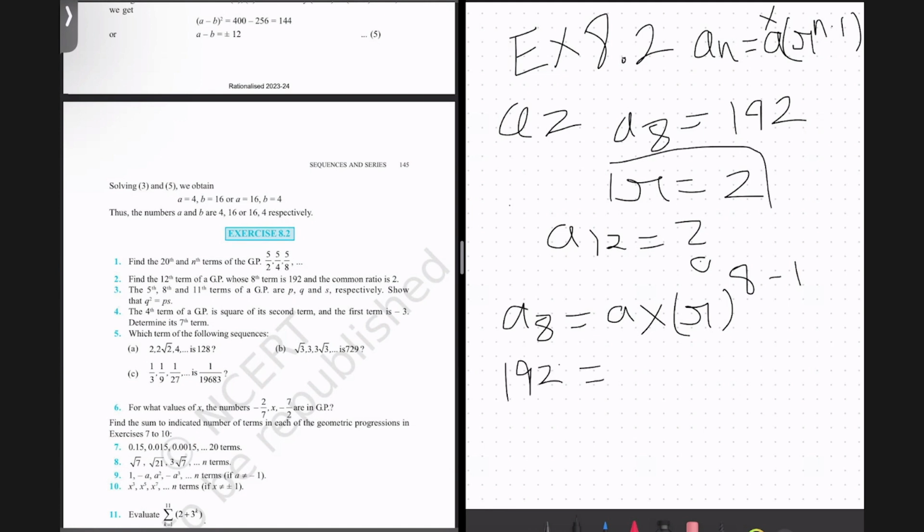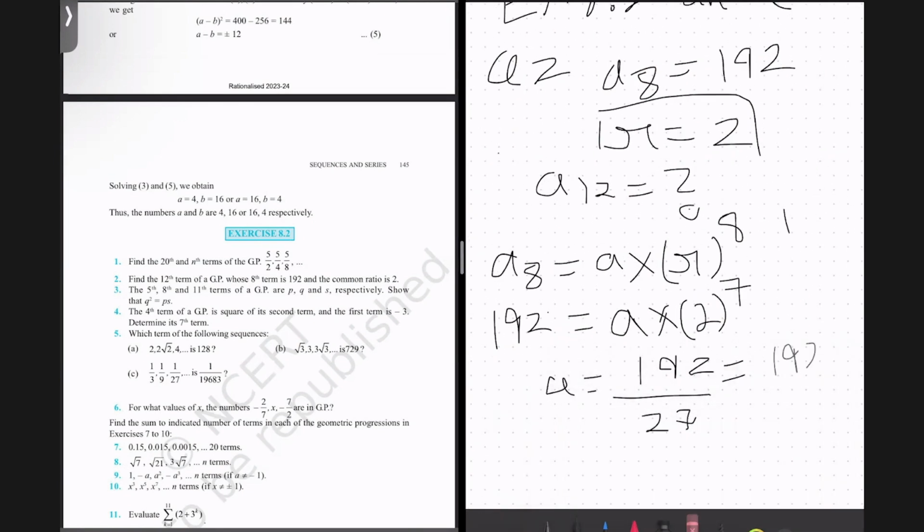I have 192 on the left, and we don't know what A is, so A stays as it is. On the right-hand side, I would have 2 to the power 7. So A would be nothing but 192 upon 2 to the power 7, and 2 to the power 7 is nothing but 128.